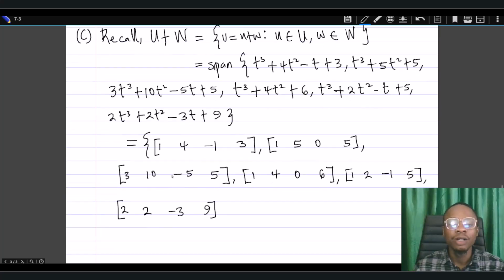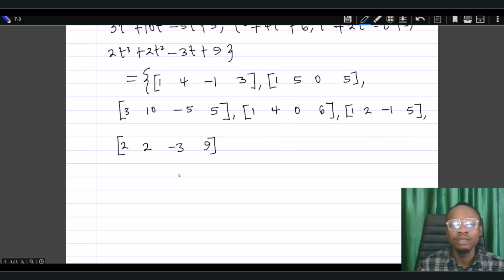So we have written them out in this format, and so we can easily get a basis. We know that these vectors span U plus W. So we now say that a basis for U plus W will be given by this.